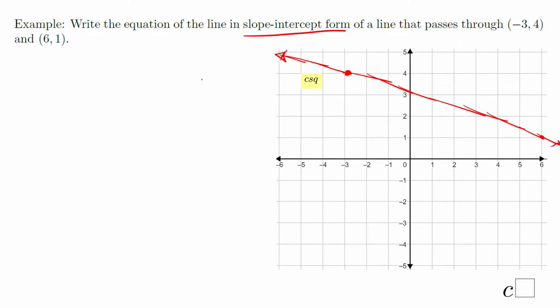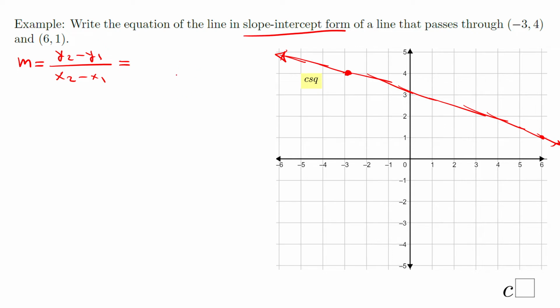Okay, so let's see. The slope of this line will be y2 minus y1 over x2 minus x1. So in this case, again, the first point is negative 3 and 4, the second point 6 and 1.